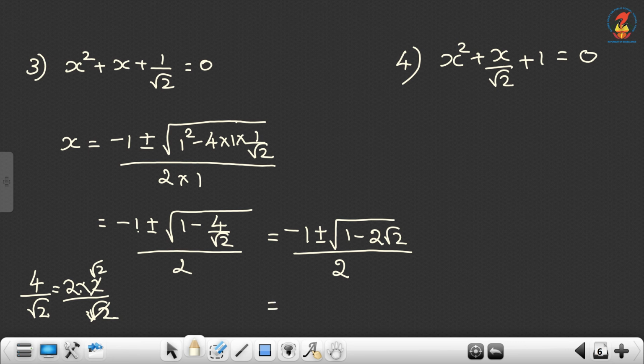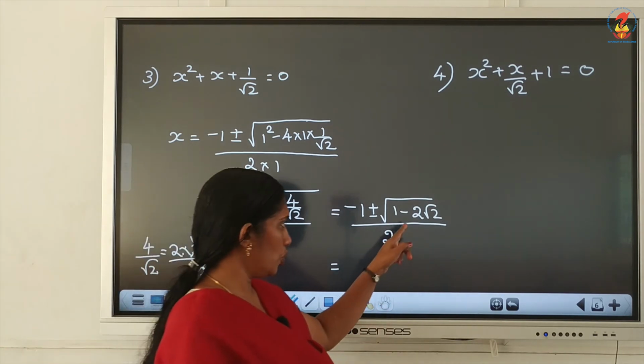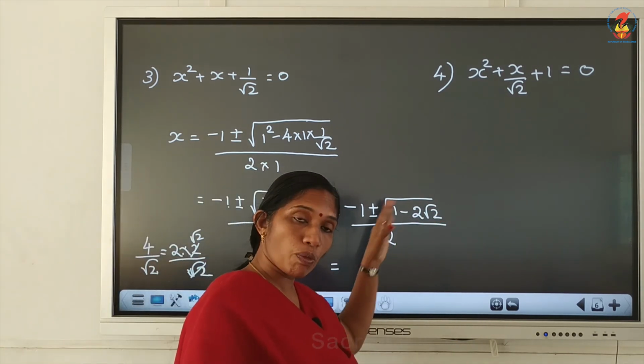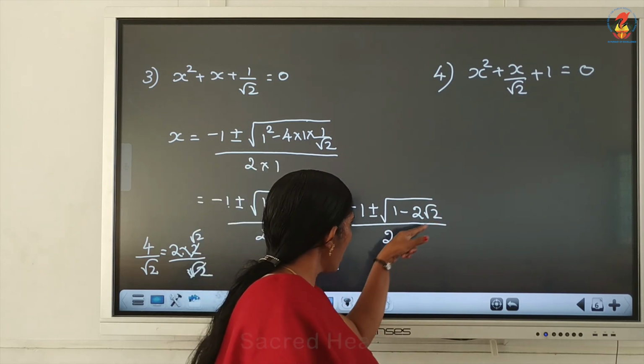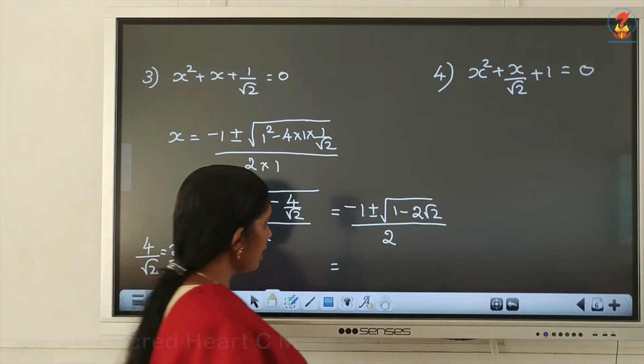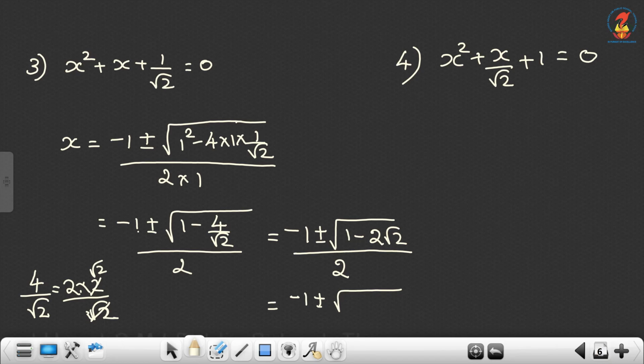So, here we didn't get I, but 1 and 2 root 2, which is greater? 2 root 2 is greater. Root 2 means 1.4 something. So, 2 into 1.4 is more than 1. So, inside the root, that part is negative. So, we can write the greater number first.